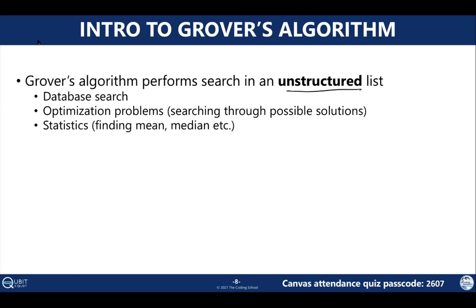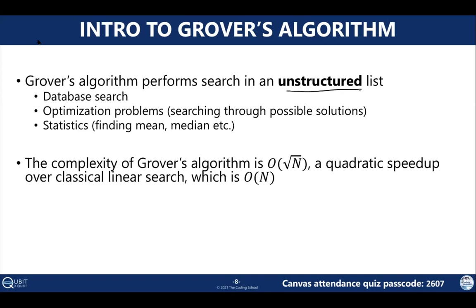So for now, our best option for that is linear search, which is an O of n problem. Grover's algorithm is O of square root n, which is actually a big deal. I believe it is the fastest quantum search algorithm. And you really don't have any options for classical algorithms when you have no idea what your data is.